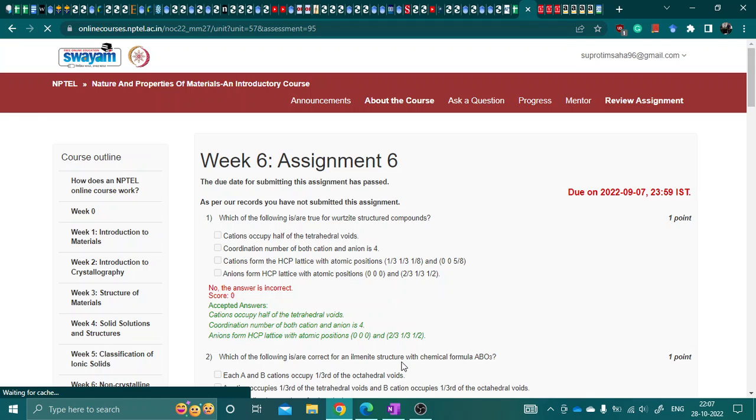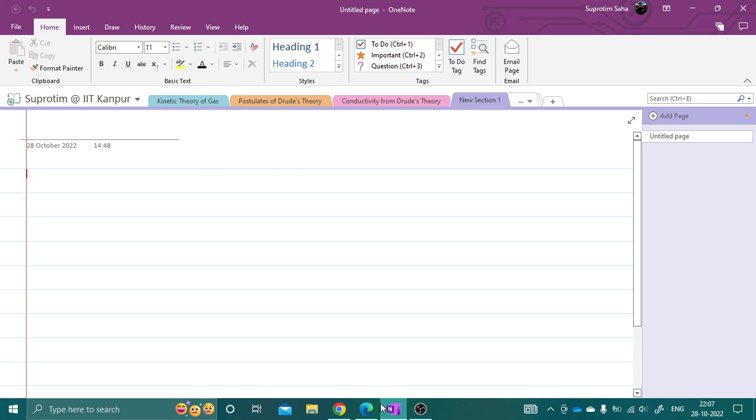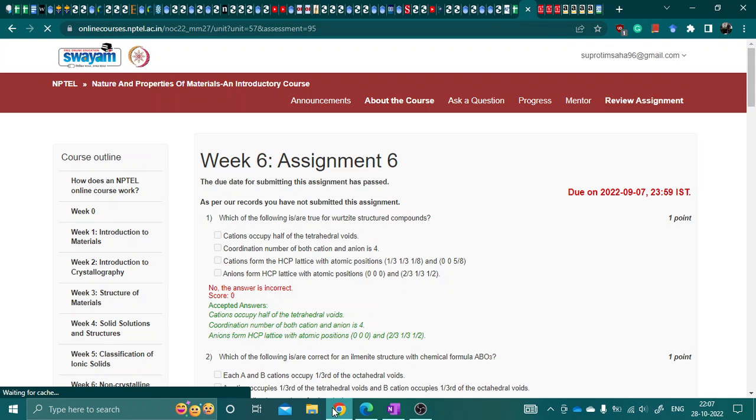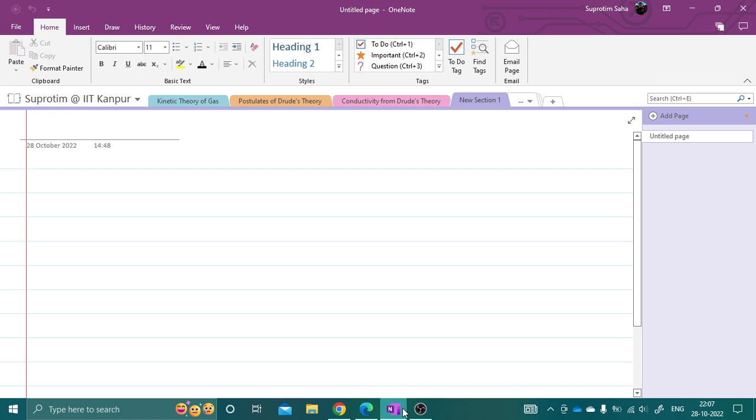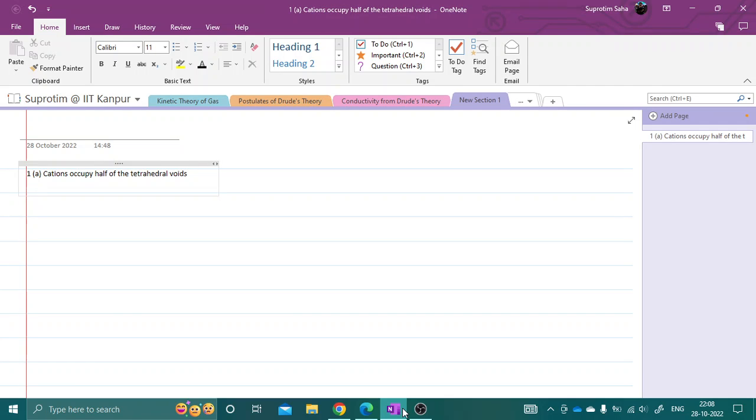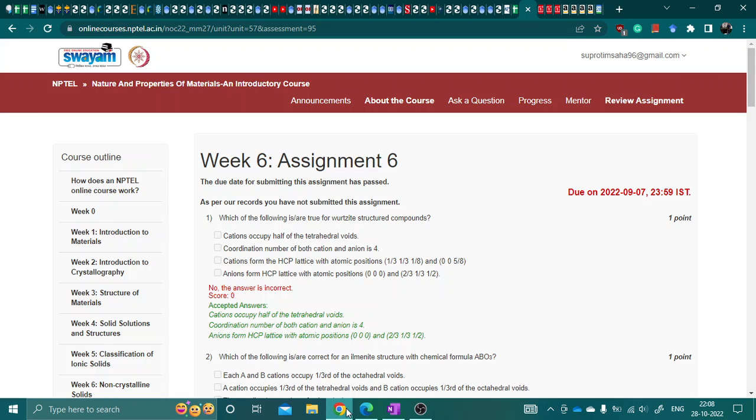So option A would be cations occupy half of the tetrahedral voids.